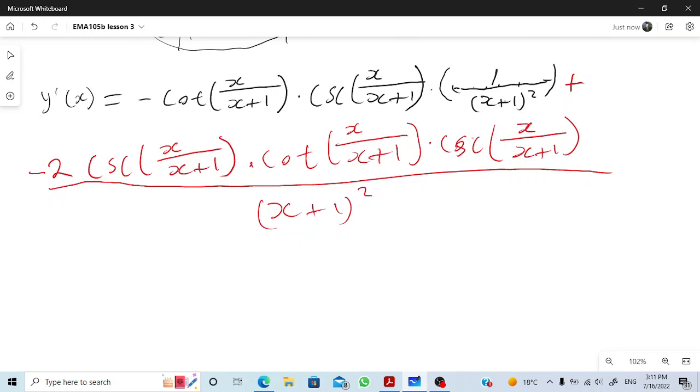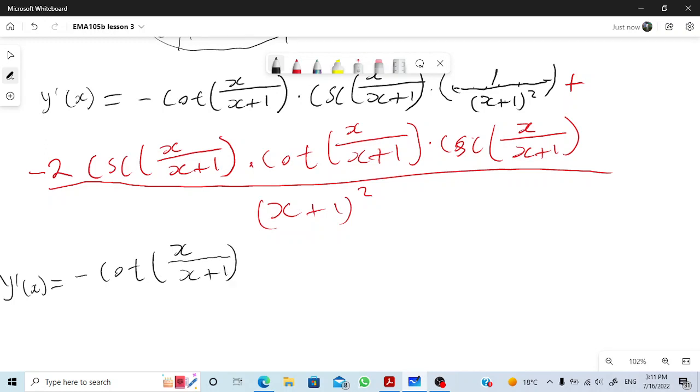Okay, so right now let me write again in black. I will try to simplify it. So right now we are going to have y prime of x equals a negative cot of x over x plus 1 multiplied by the cosecant of x over x plus 1.